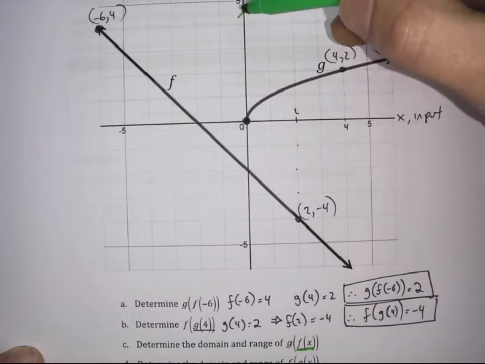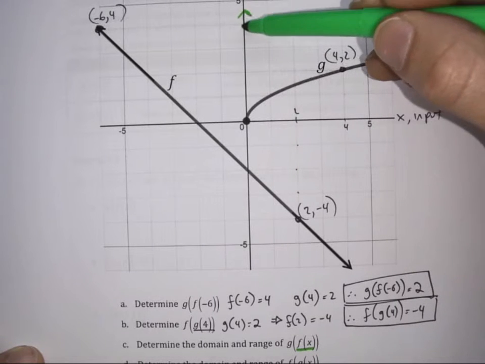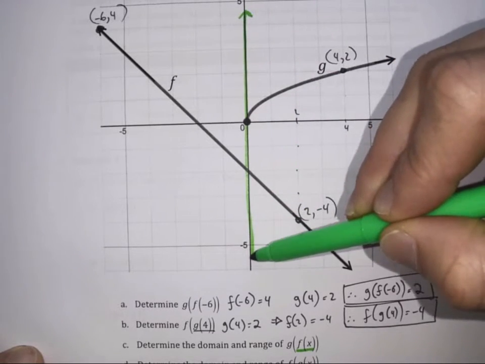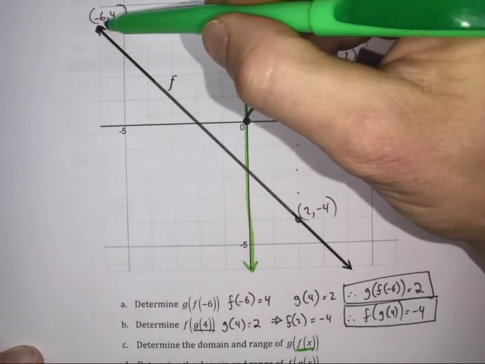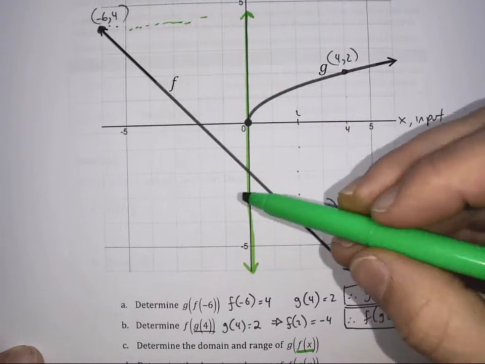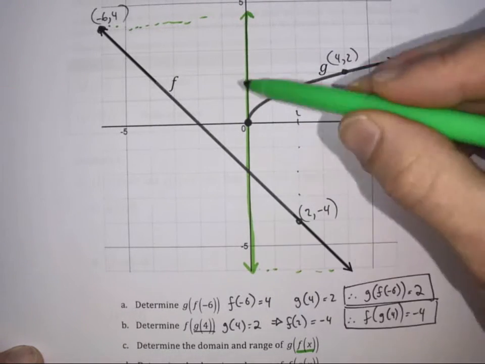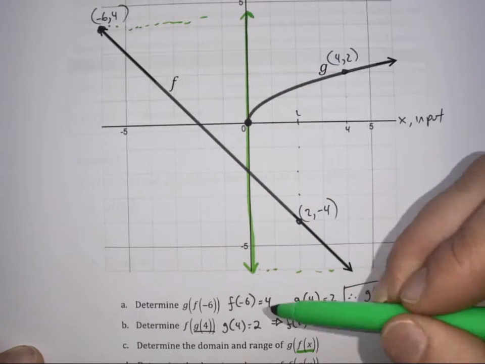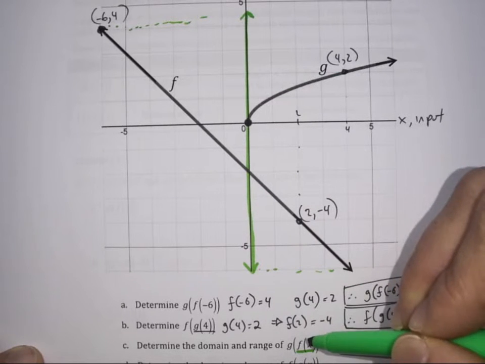I'm going to use green to show my outputs of f. I would say the y values for my f of x function, the ones that can come out, are all the real numbers. Now, they need to all be able to go into inputs of g.